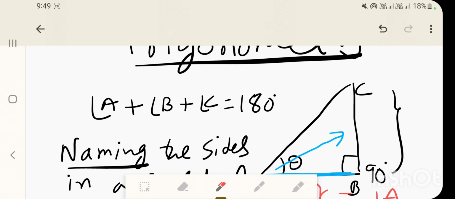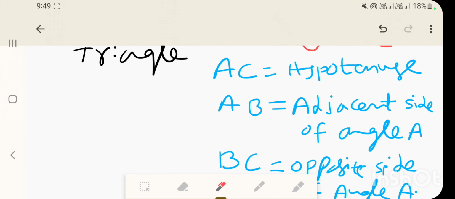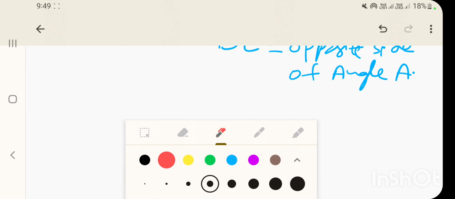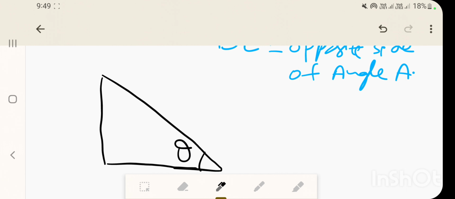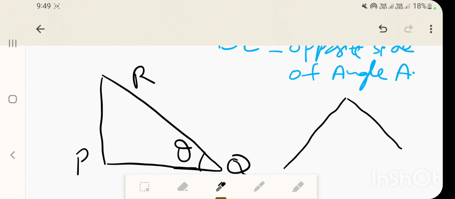For example, if you are writing angle BCA, which is nothing but angle C, we can write it as angle C. Right, these are the three sides of a right triangle. Now we can have the right angle triangle which I have drawn earlier, or another way we can draw it, with the angle theta and names PQR, or even another way of drawing the right angle like this.